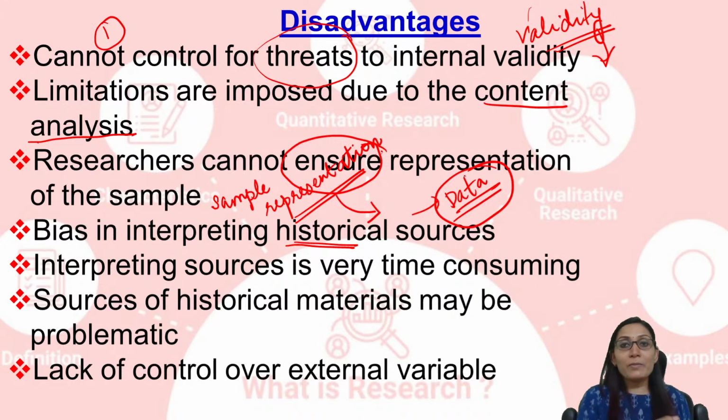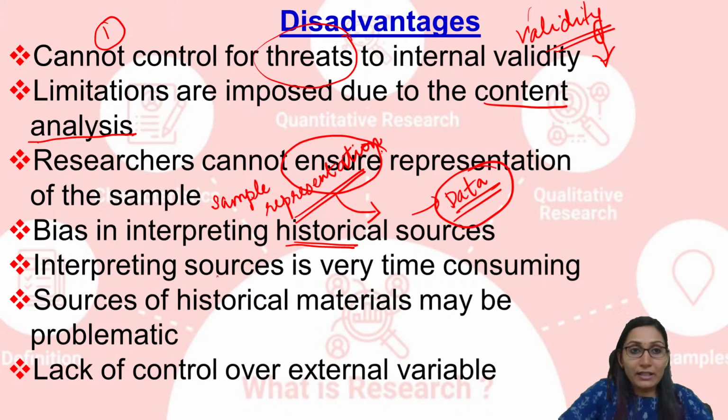The data or evidence is collected by one individual and the research is done by another, so the way the person who collected the data interpreted it may not be the same as how the researcher is interpreting it. That can lead to bias in interpreting sources.